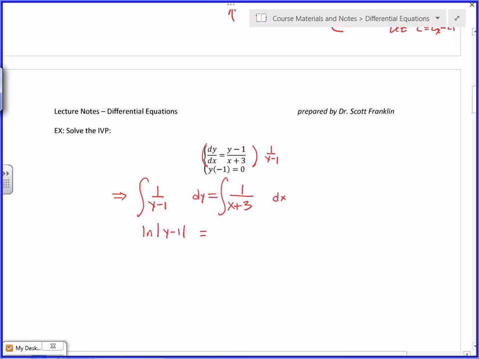On the right-hand side, same thing: natural log of x plus 3, all plus, how about log of c? Sure. Hey, why not? You'll see why in just a second, why that makes good sense.